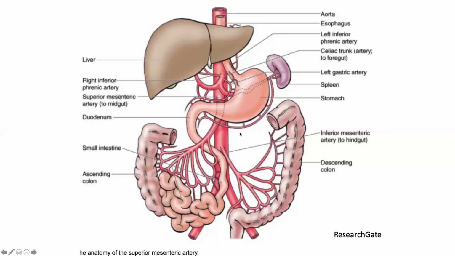The stomach, liver, and gallbladder are supplied by the celiac trunk, the superior mesenteric artery supplies the small intestine and the large intestine down to the right 2/3 of the transverse colon, and the inferior mesenteric artery gives blood supply to the left 1/3 of the transverse colon plus the descending colon and sigmoid colon.